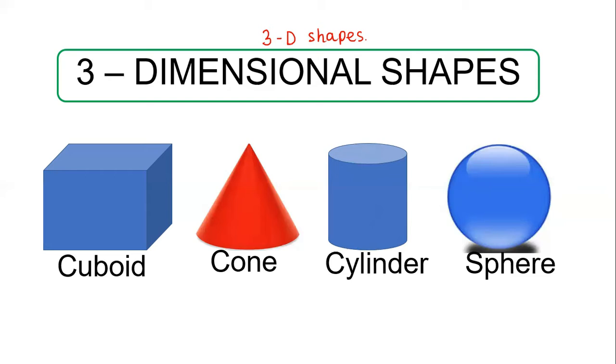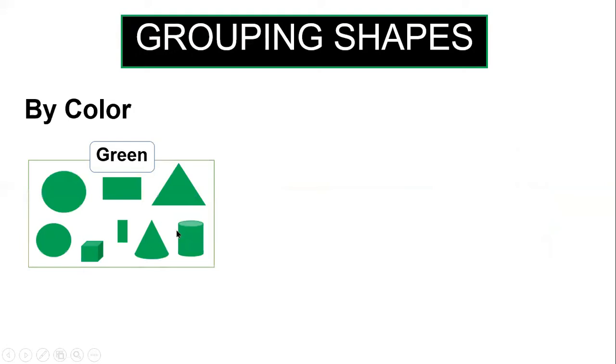Now, let us see how we can group these shapes. We can group these shapes by color. For instance, you can get all the shapes, let's say 2D shapes and 3D shapes, and you put them together when they are in the same color.